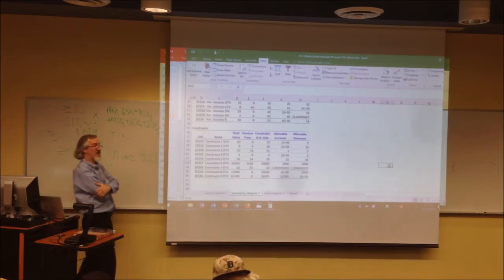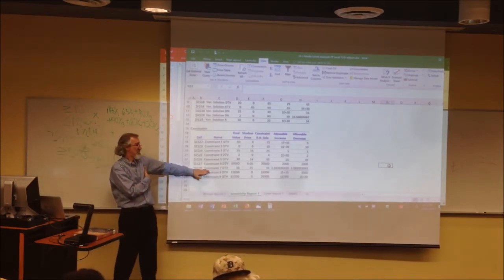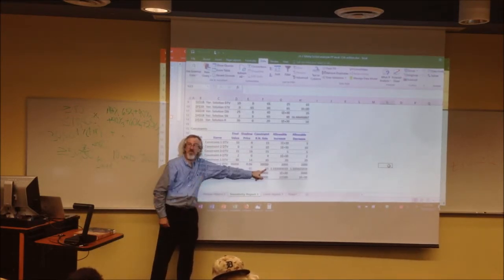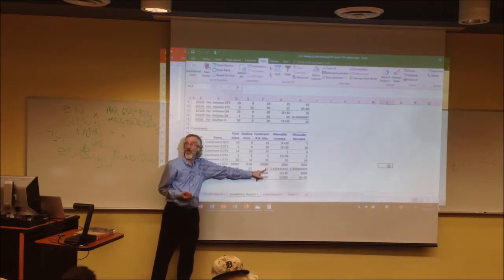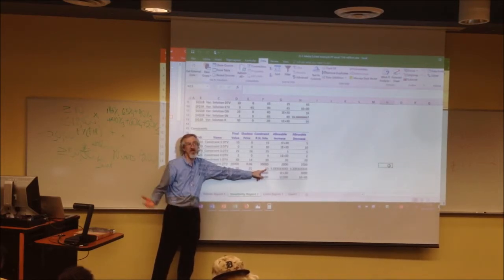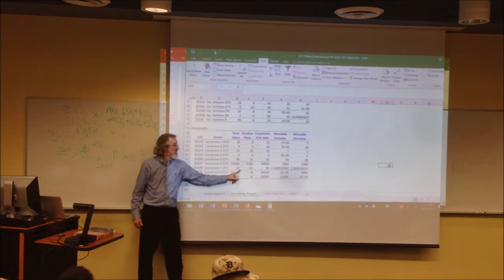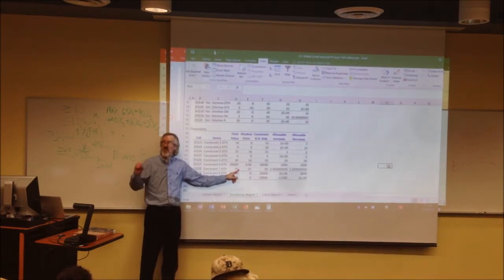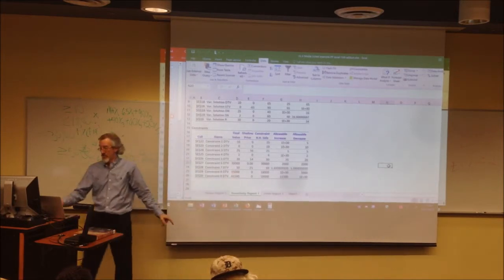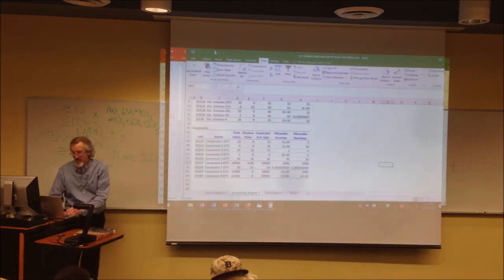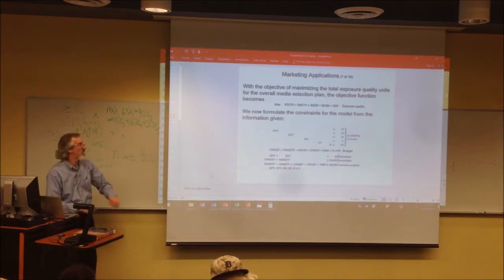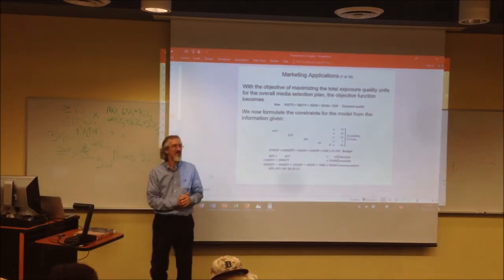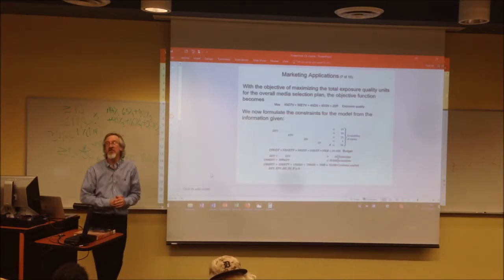You see it? This one. There's the right-hand side of the constraint, 10, that said the customer wants at least 10 TV ads. How many are scheduled TV ads? 10. 0 slack or surplus. Surplus, greater than or equal to 10.